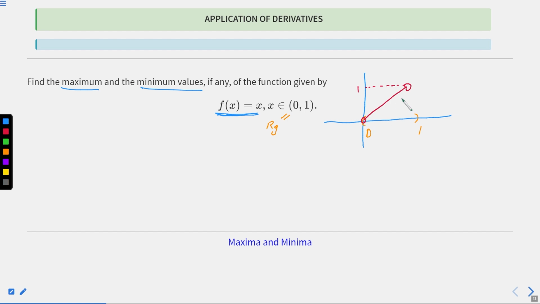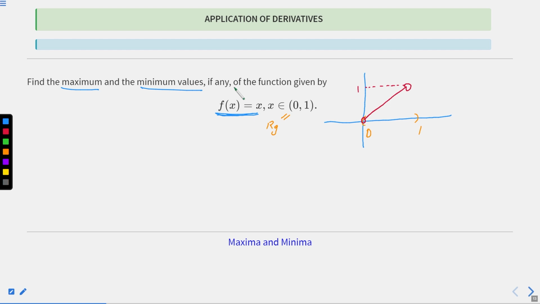By the graph, it seems like the graph is totally in between 0 and 1. The range is in between 0 and 1, but I am saying it doesn't have any maxima or minima. Why?